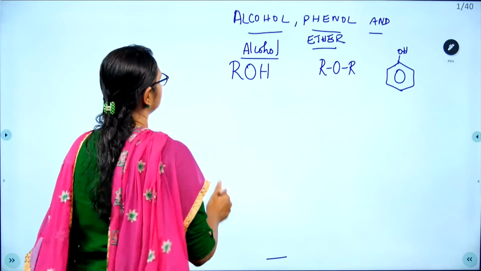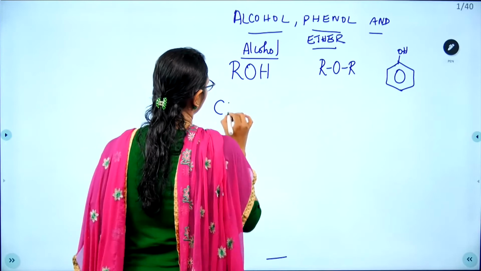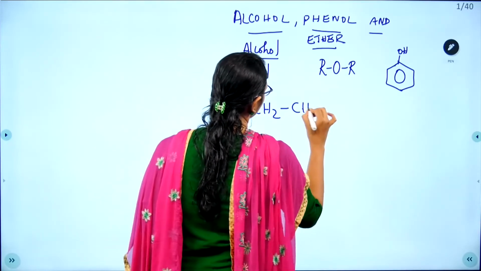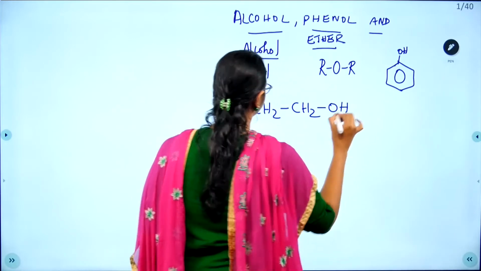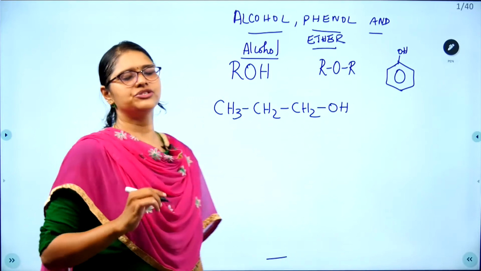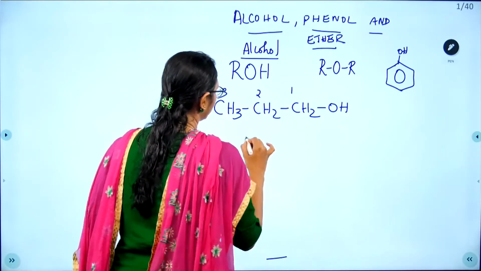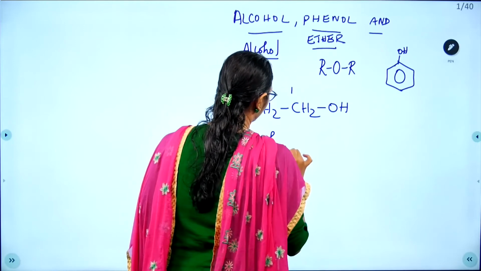Let us see. CH3CH2CH2OH. The longest carbon chain here is 3, so 1, 2, 3, it is propanol.